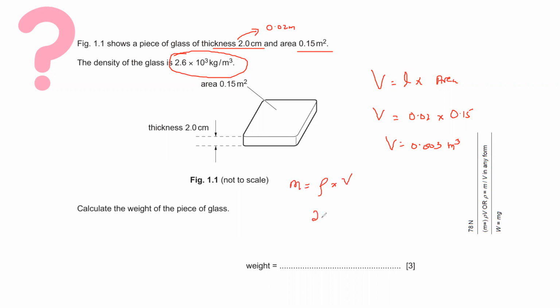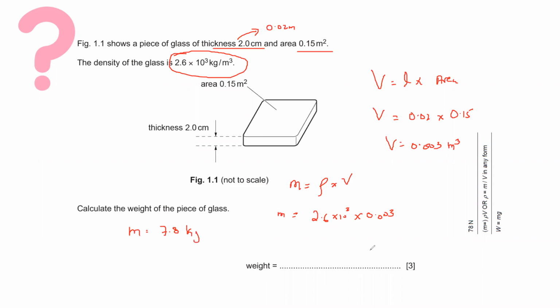Density is 2.6 into 10 to the power 3. In a scientific calculator, you can substitute that exponent. I already mentioned how to use a scientific calculator. So 2.6 exponent 3 multiplied by 0.003 will give you the mass. So mass is coming out as 7.8 kilogram.